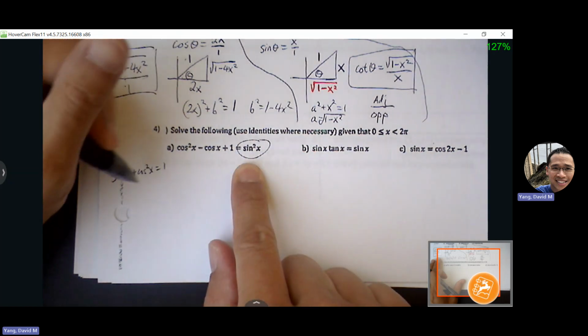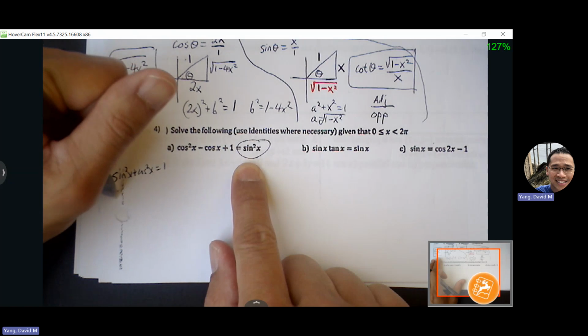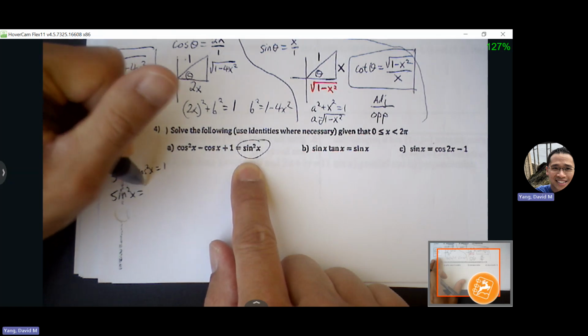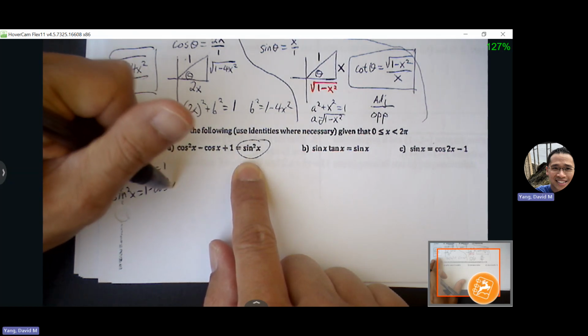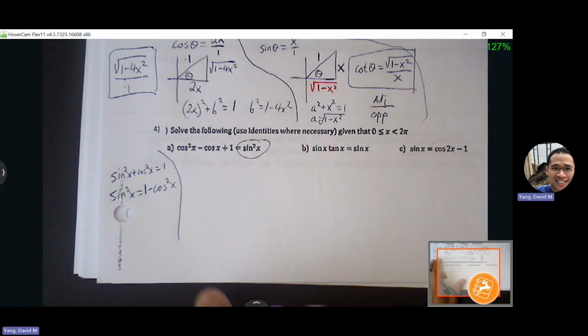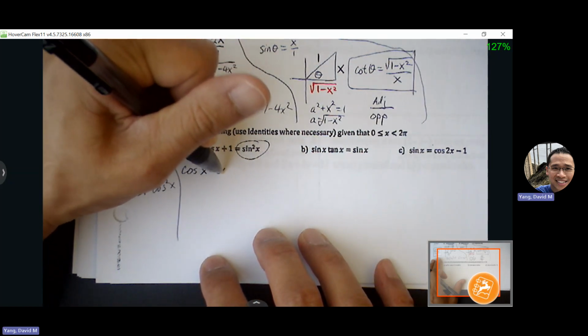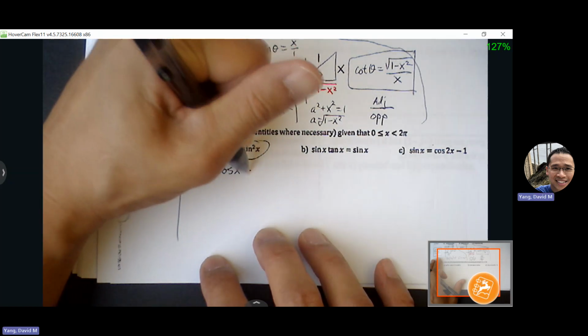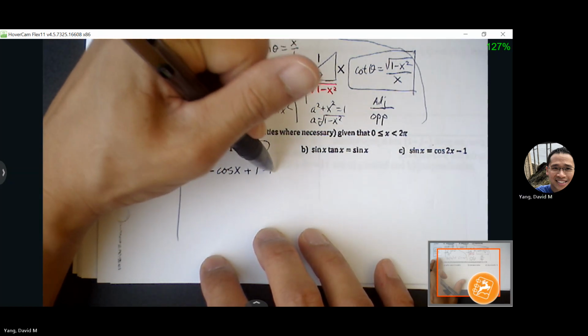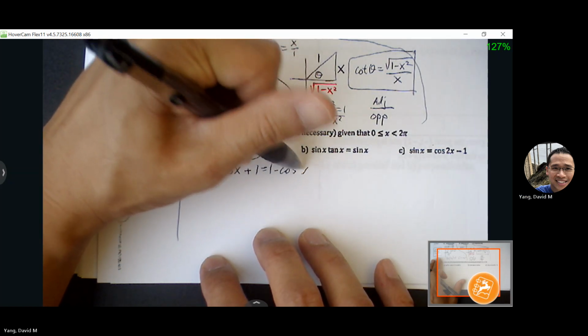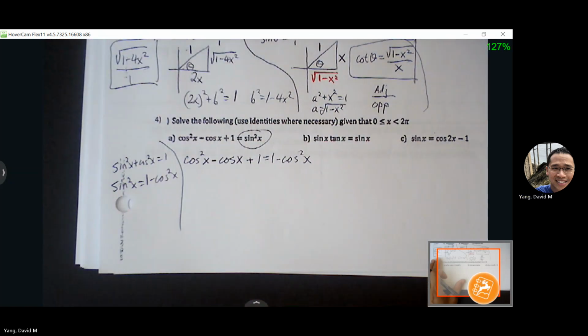So sine squared is equal to 1 minus cosine squared x. So then if I make that substitution, I can now get everything in terms of cosine and see if that will help us eventually solve for x.